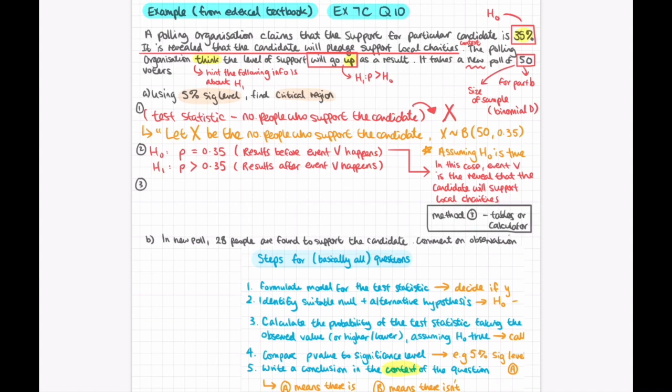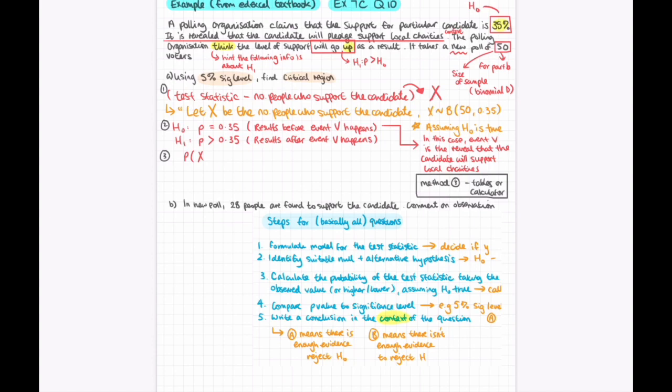Now this says it will go up, so it's a one-tailed test. Let me just write this down first. So the probability of X being bigger than a certain number is going to be less than 0.05.